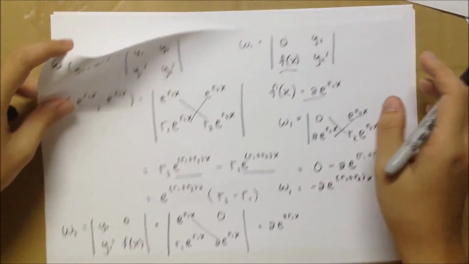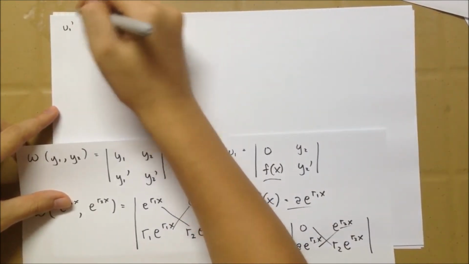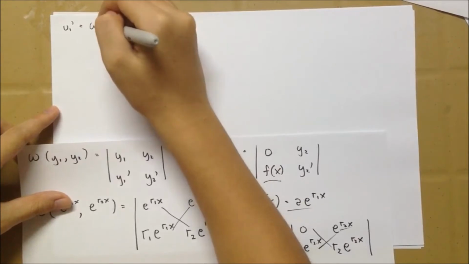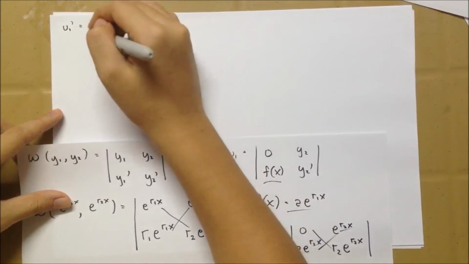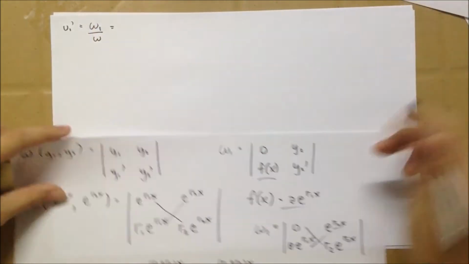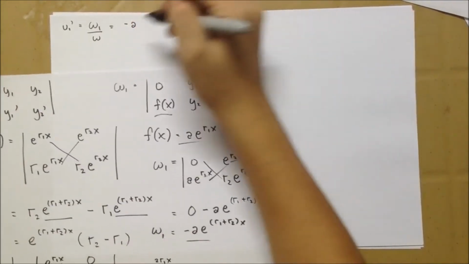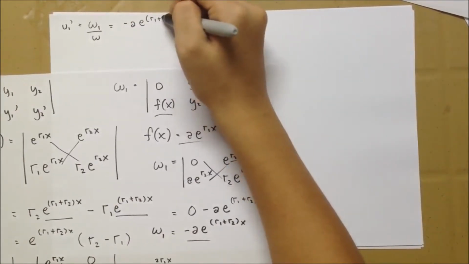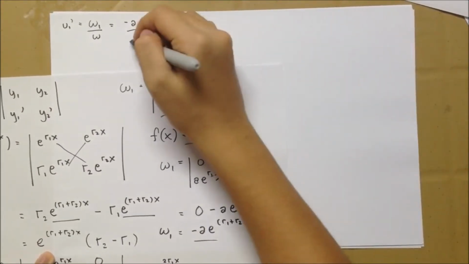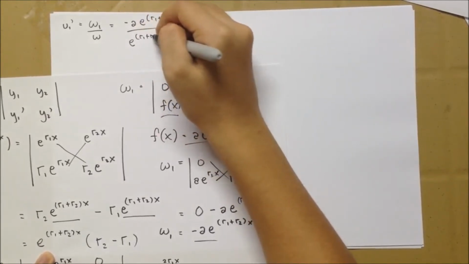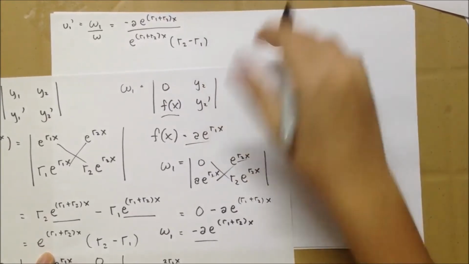Now to solve for u1, we're given that u1 prime is equal to W1 over W. So our W1 is negative a e raised to r1 plus r2 x over our W, which takes the form e to the r1 plus r2 x times r2 minus r1.